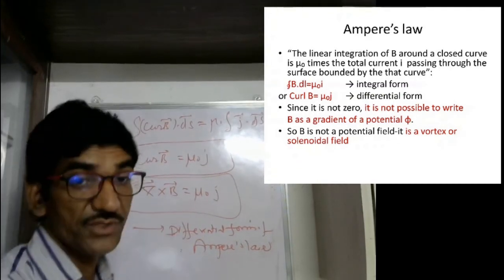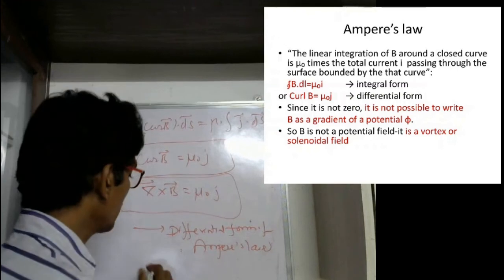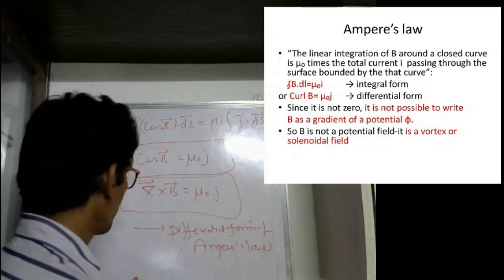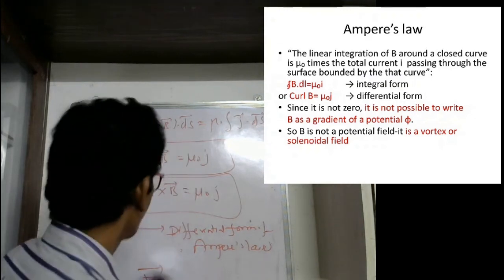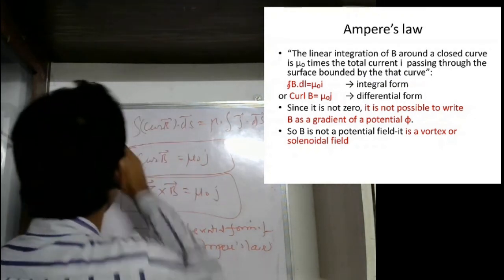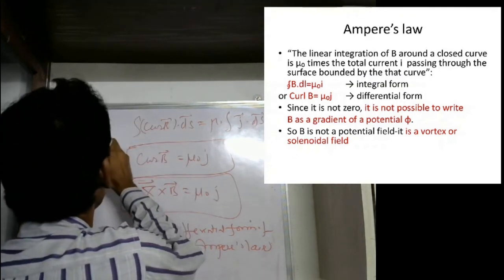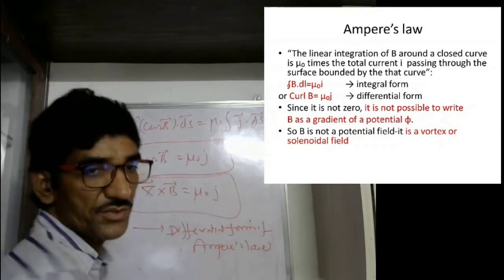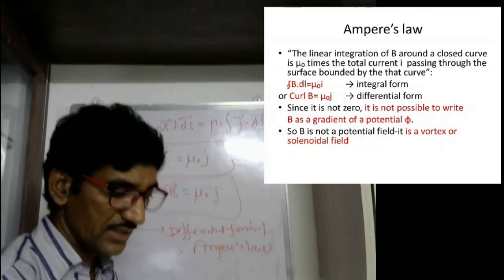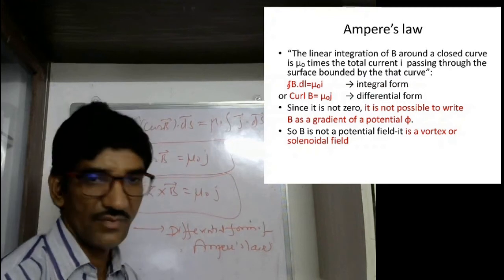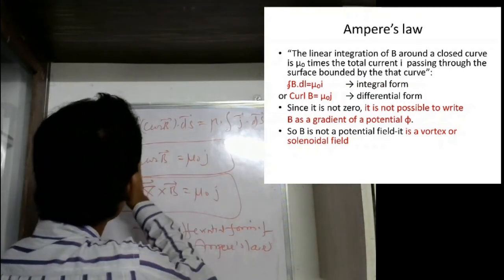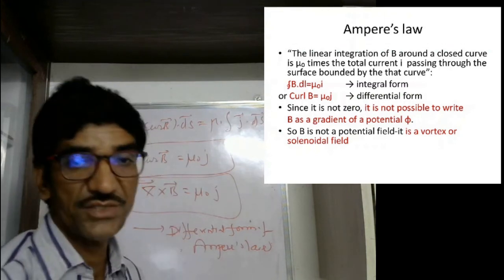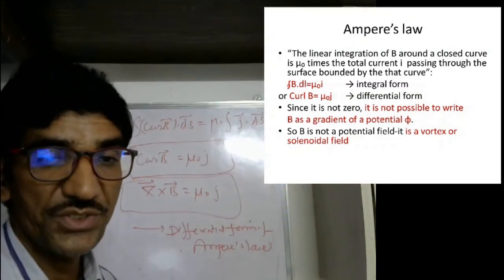Now compare with the electric field intensity. There you have del cross E is equal to 0, or curl E is equal to 0.